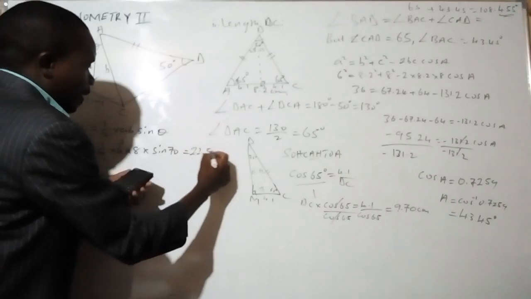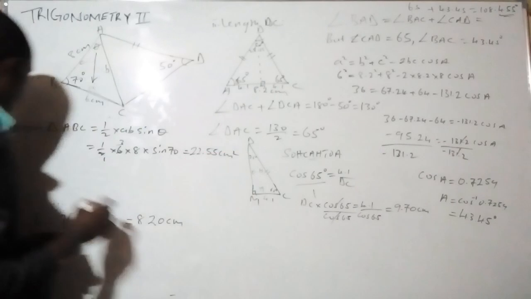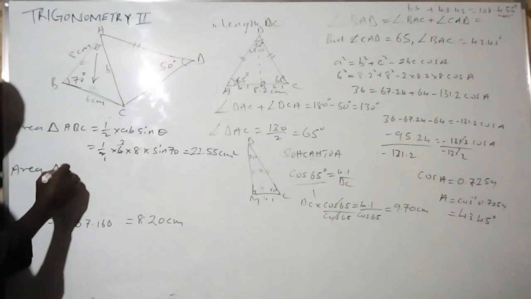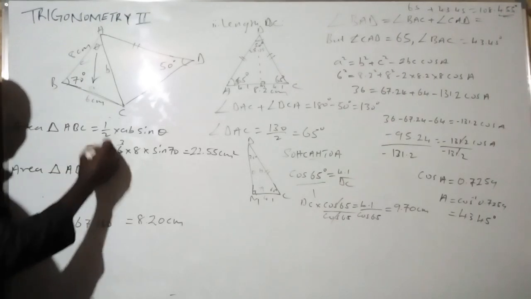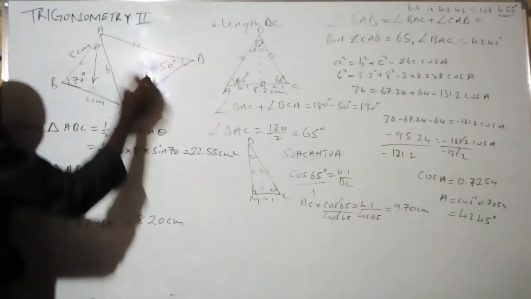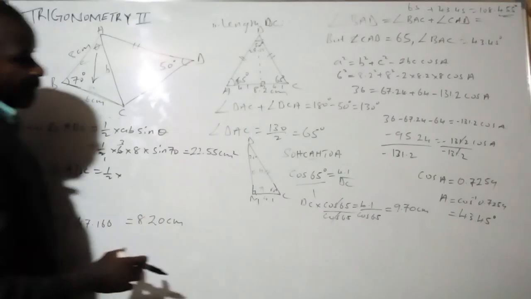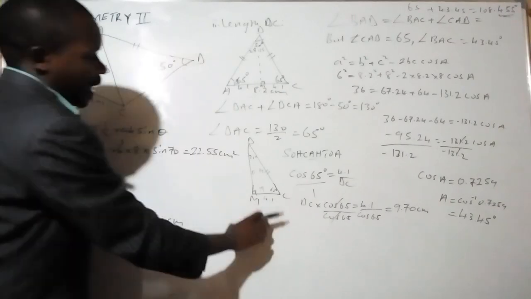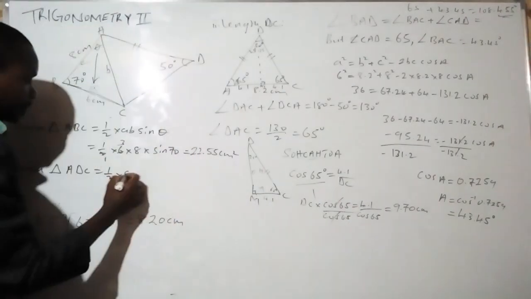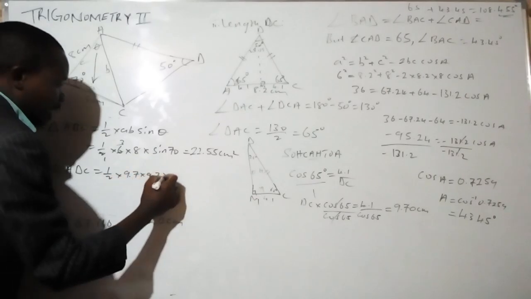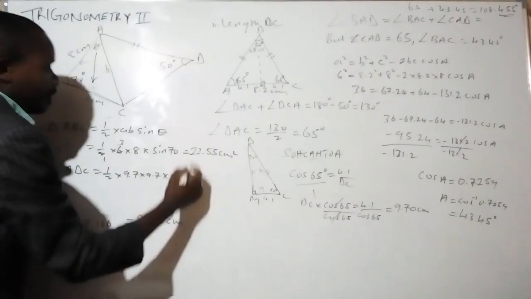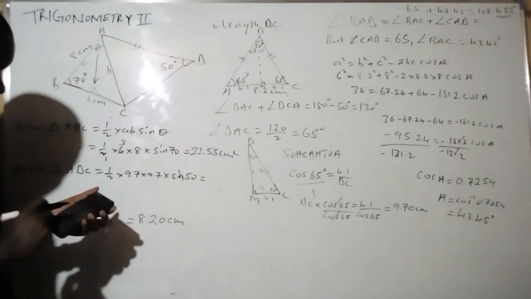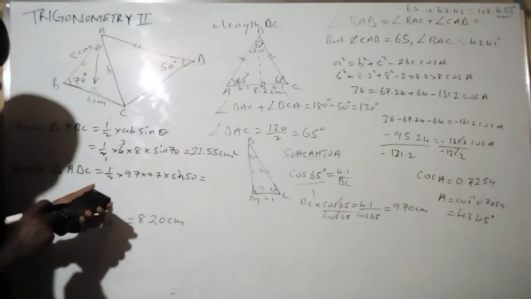22.55 centimeters squared. We then say area of triangle ADC. We use the same formula, a half times AD. Have you computed AD? DC is equal to DA, and DC is 9.7. So 9.7 times 9.7 times sine of this angle here, 50.